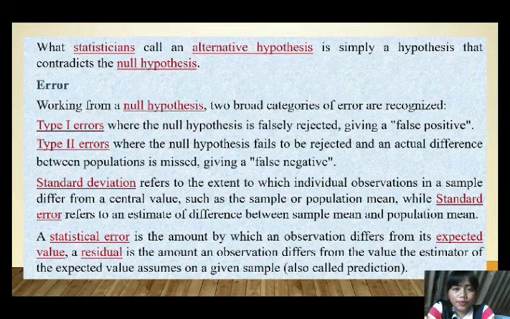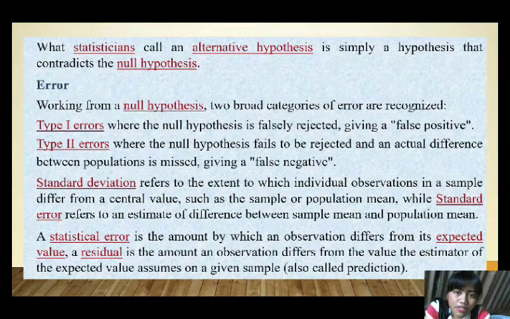Error. We work with statistics and error. Working from the null hypothesis, two broad categories of error are recognized. Type 1 error, where the null hypothesis is falsely rejected, giving a false positive. Type 2 error, where the null hypothesis fails to be rejected and an actual difference between populations is missed, giving a false negative.